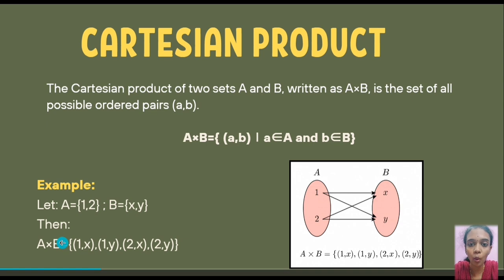Now we create all combinations like this: 1, x, 1, y, 2, x and 2, y. So A cross B will contain all the ordered pairs we combine, which are 1, x, 1, y, 2, x and 2, y. You can see in the diagram that every element in A connects with every element in B, like drawing arrows between them. This is the Cartesian product of two sets A and B.